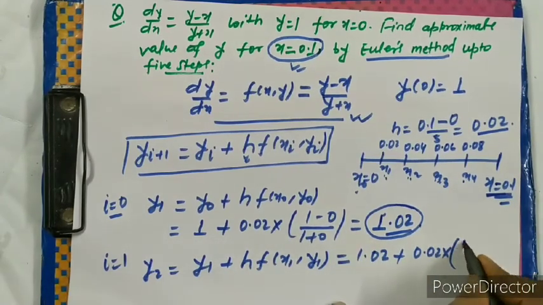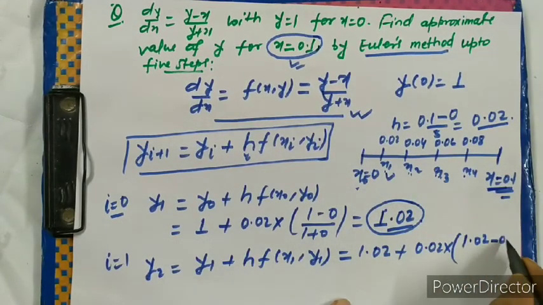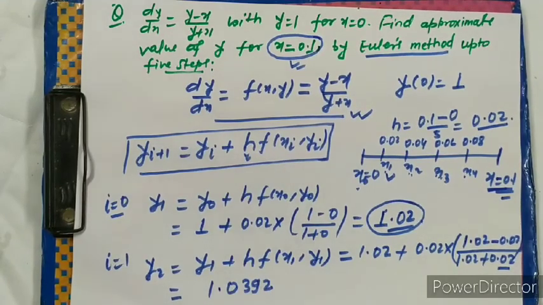So y1 is 1.02 minus x1, and x1 is 0.02, divided by 1.02 plus 0.02. So finally we will get this value as 1.0392. Similarly we can calculate the other values.